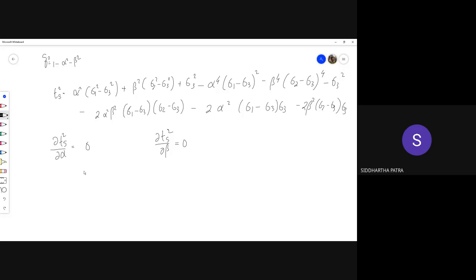For example, the first one would be something like this, and the second expression, you can accordingly figure out what it should be.